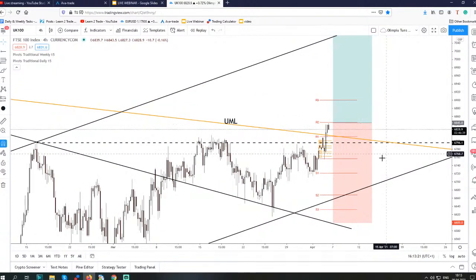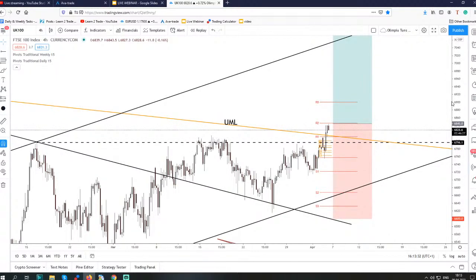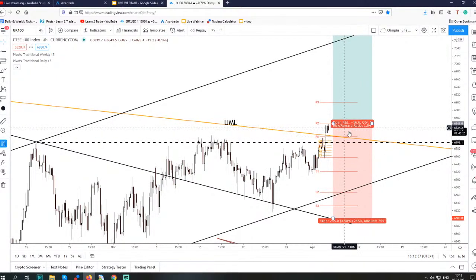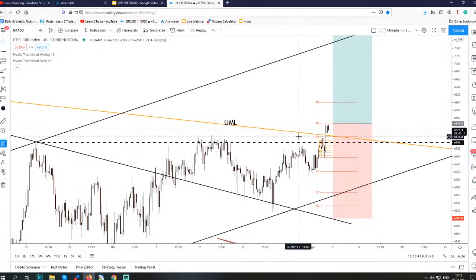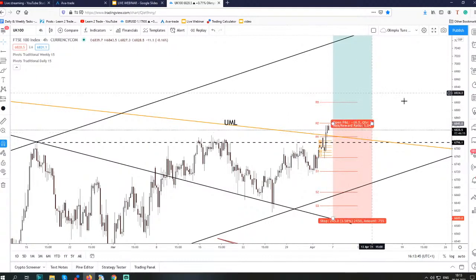Okay, depends on your broker if UK 100, FTSE 100 reached your entry level. But don't worry guys, as I've told you earlier, the price could make here a consolidation in the short term, maybe an R1 retest, maybe the upper medium line retest before it will continue higher.